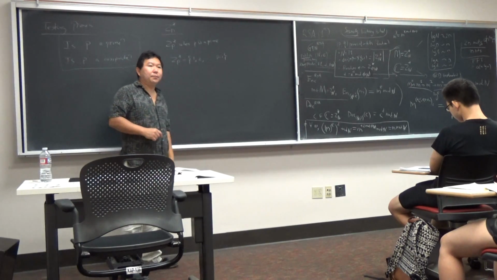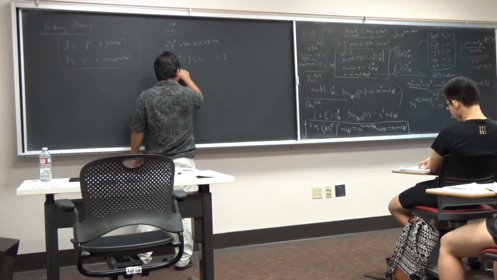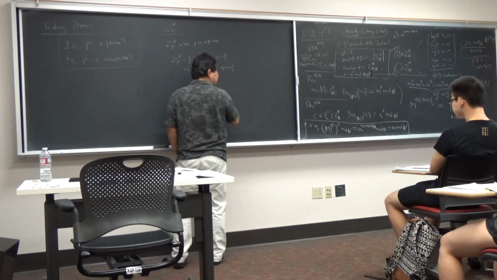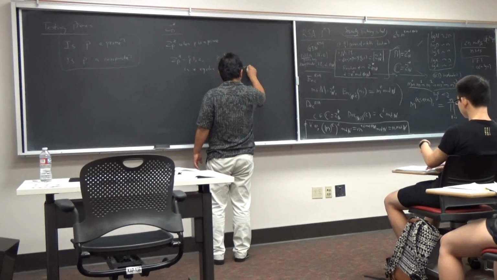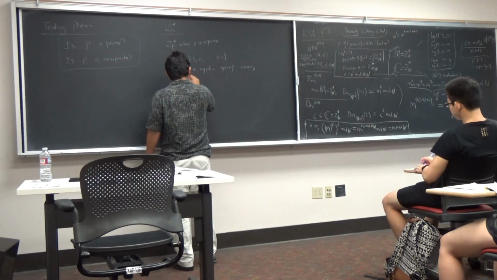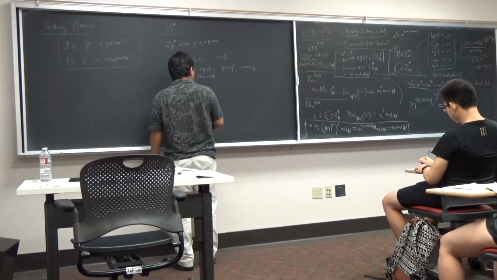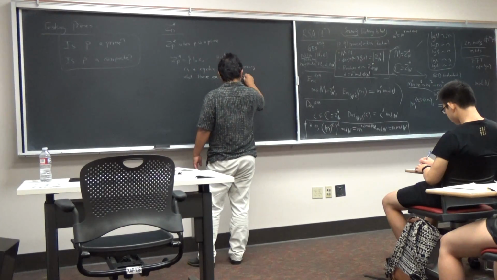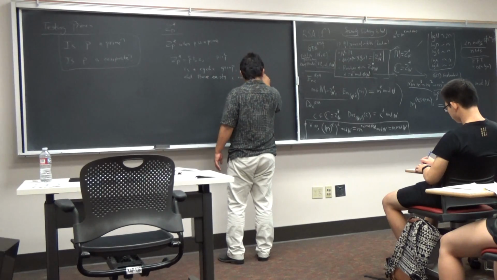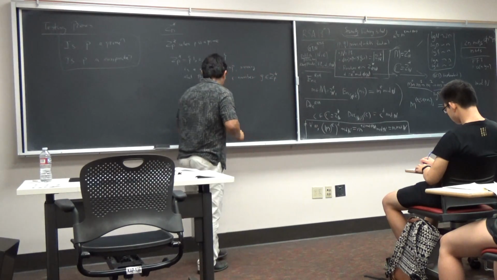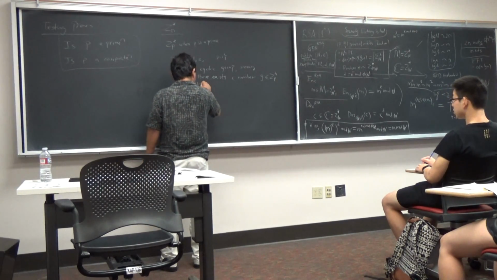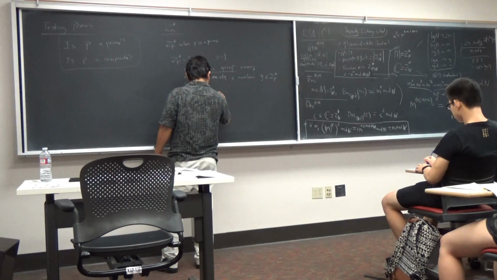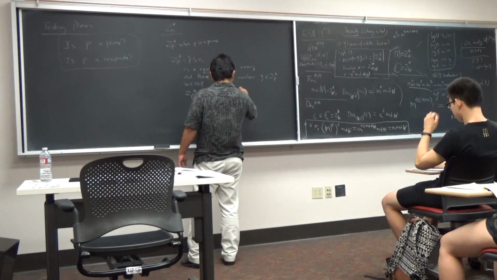And Zp star has another beautiful property. That is, Zp star is cyclic: there exists a number, let's call it g, such that Zp star equals g^0, g^1, ..., g^(p-2).